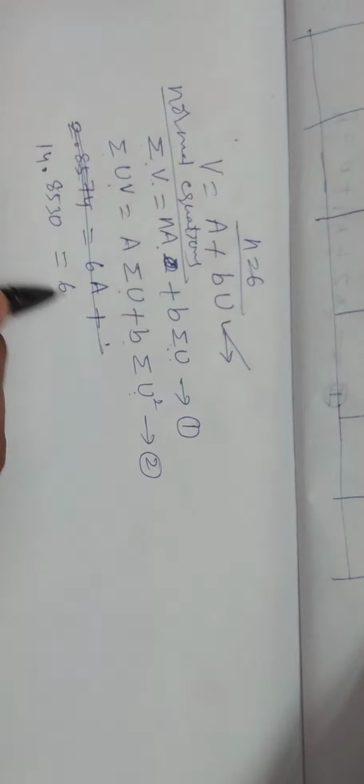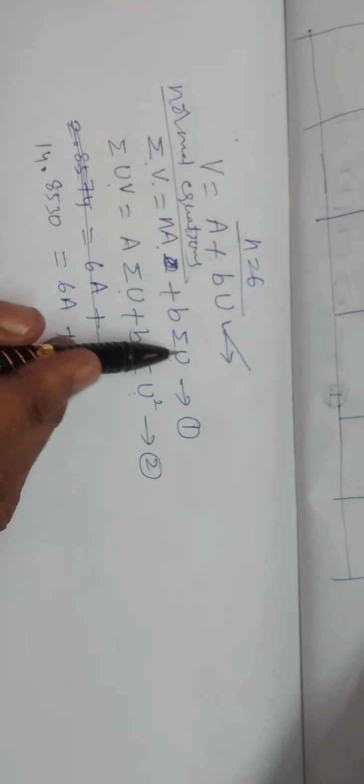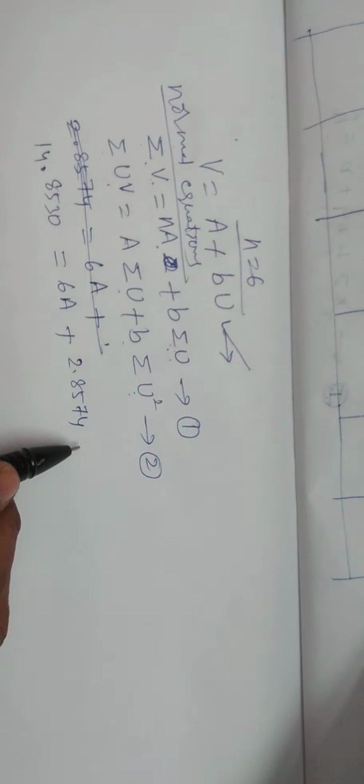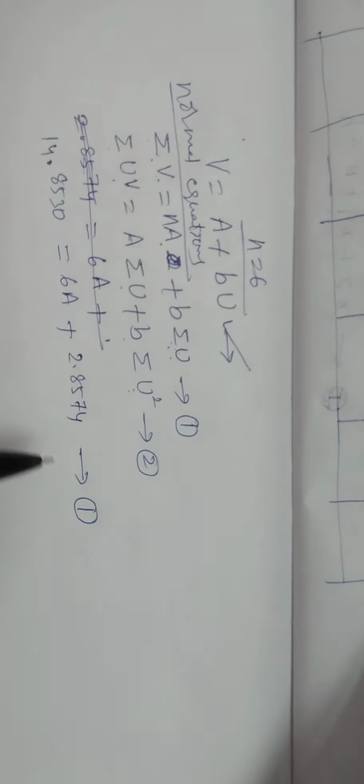It is equivalent to 6A plus b times summation u, and summation u is 2.8574, right? So this is normal equation 1.